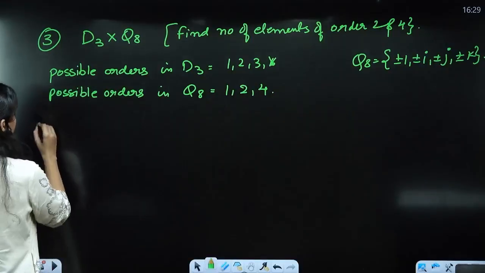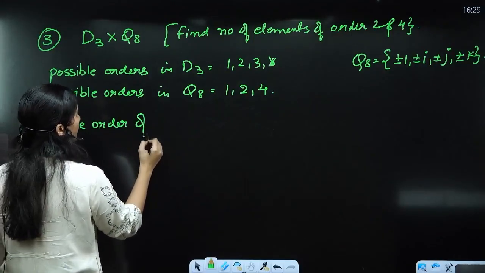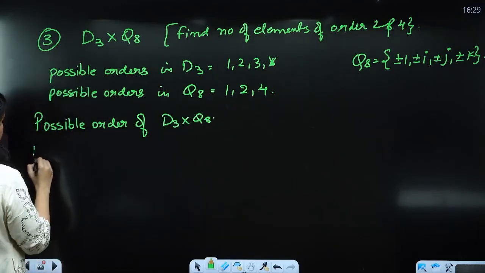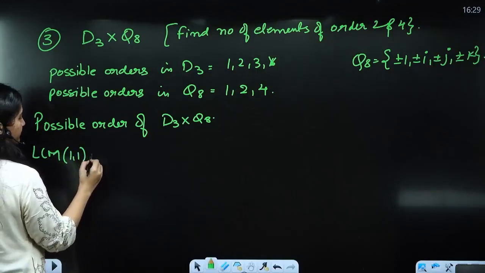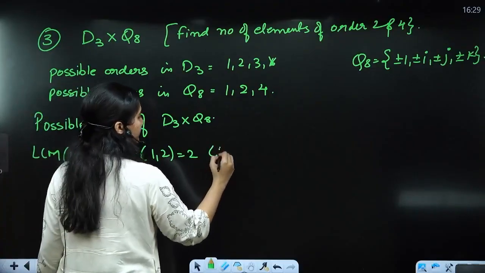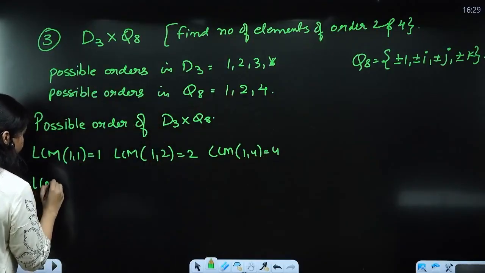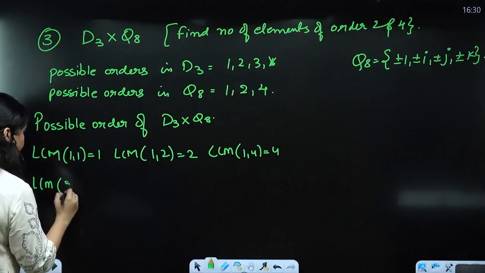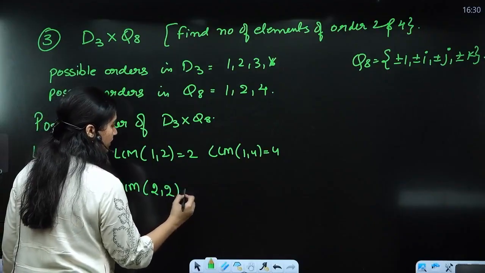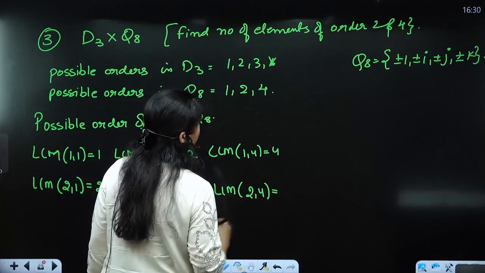Okay. Now possible orders of D3 cross Q8: LCM of 1, 1 is 1, then LCM of 1, 2 is 2, then LCM of 1, 4 will be 4, then LCM of 2, 1 will be 2, then LCM of 2, 2 again will be 2, then finally LCM of 2, 4 will be 4.